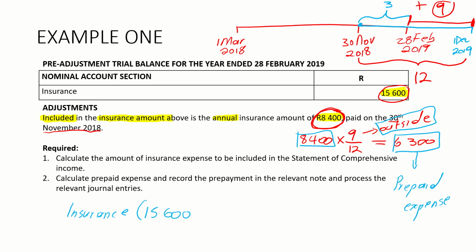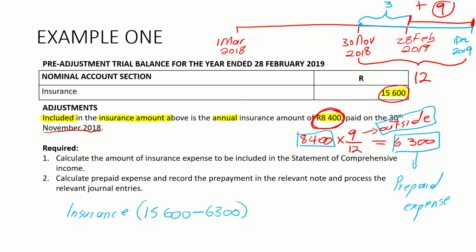You do not minus the whole 8,400 because the other 3 months have been correctly included. We only subtract the 9 months that fall outside the financial year, which is 6,300.